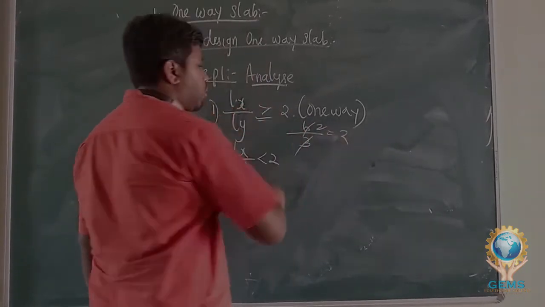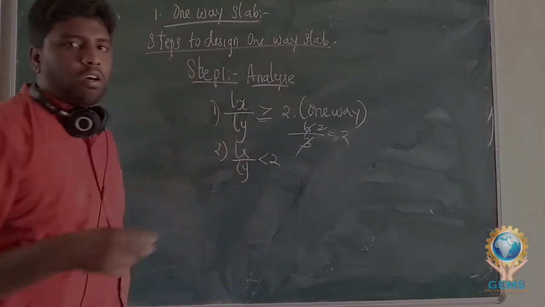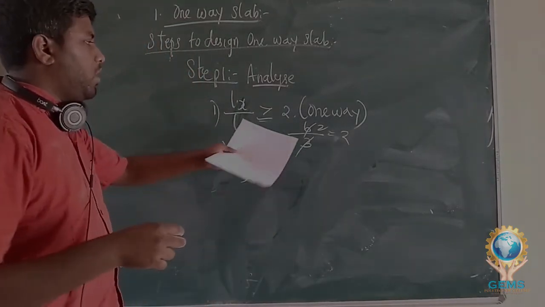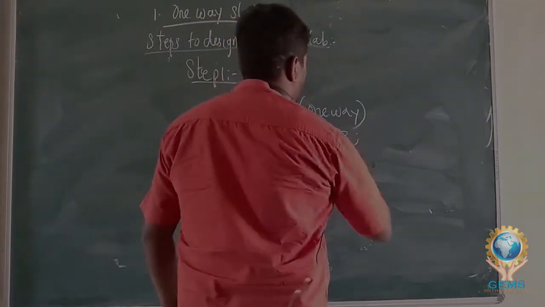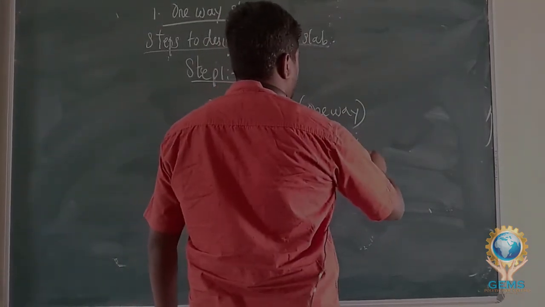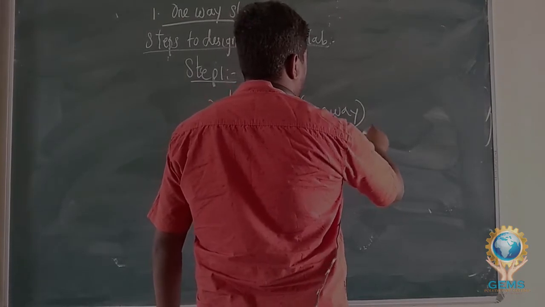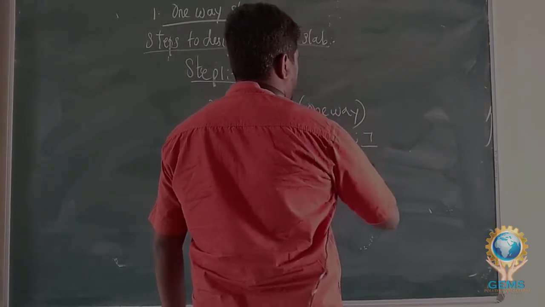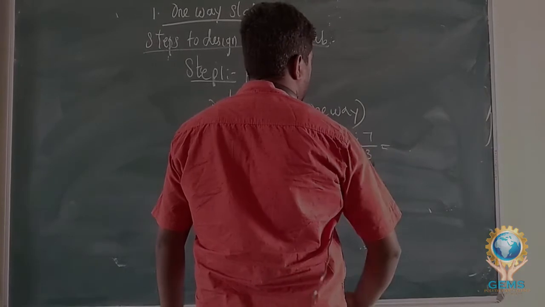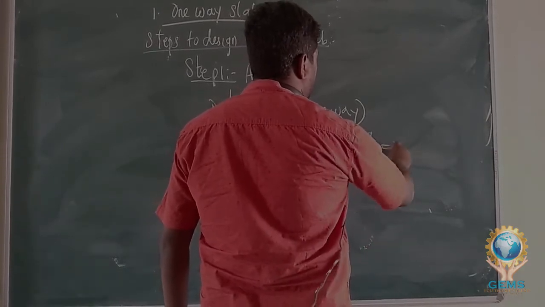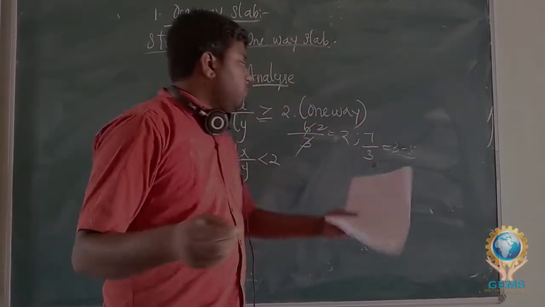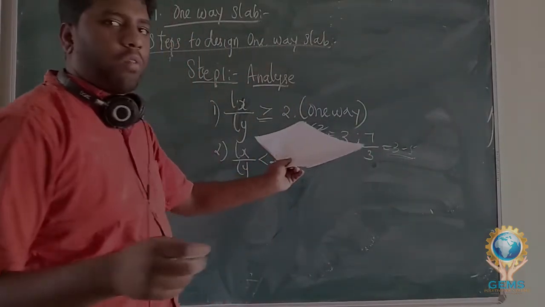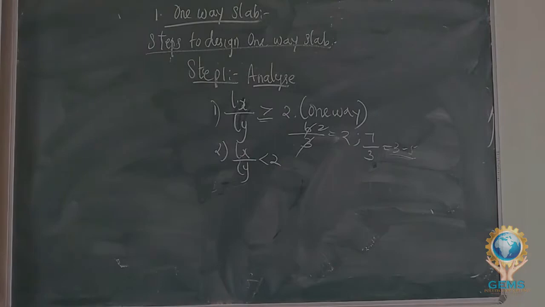So it is equal to 2, and it is a one-way slab. Another example: if a slab has spans of 7 by 2, that comes to around 3.5, which is greater than 2. So it is termed a one-way slab.